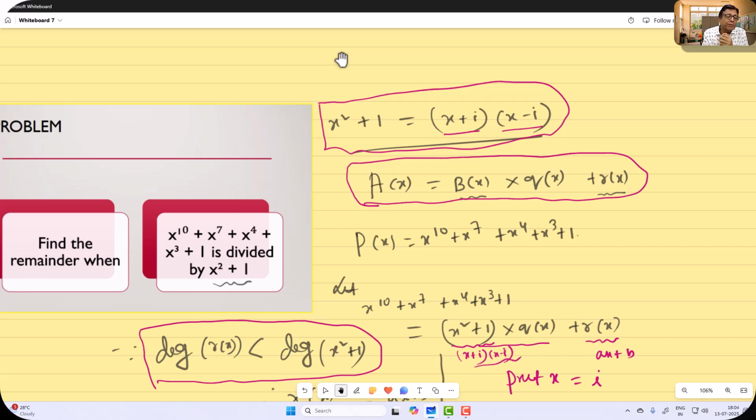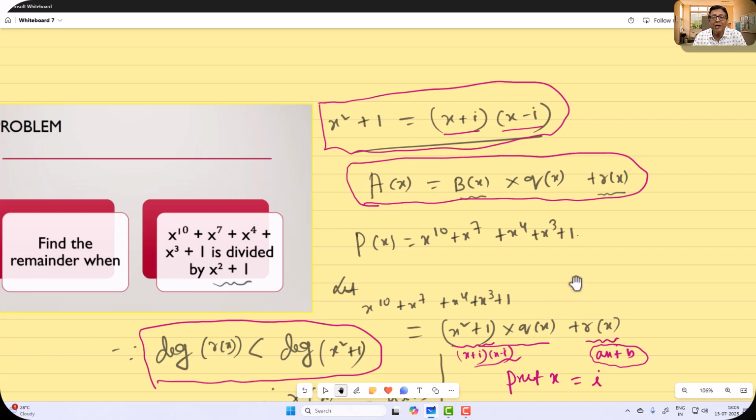You think yourself. Now R(x) will be a first degree polynomial. Already told, a first degree polynomial is of this form, ax plus b. So it will be justified to take R(x) in the form ax plus b. Okay. So write in this form here, because we are going to find the remainder. They haven't asked for the quotient. We are not interested in finding Q(x) over there, only R(x).